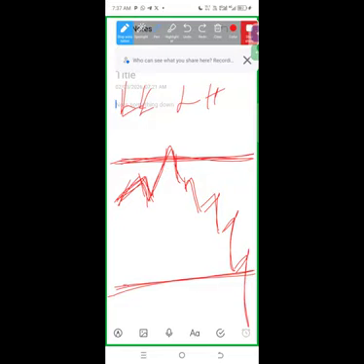When you carefully look at this chart, a lower low simply means that the next low is lower than the previous low. This is higher. This is lower than this. This is higher. This is lower than this.